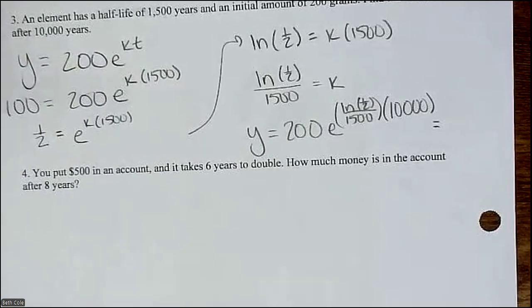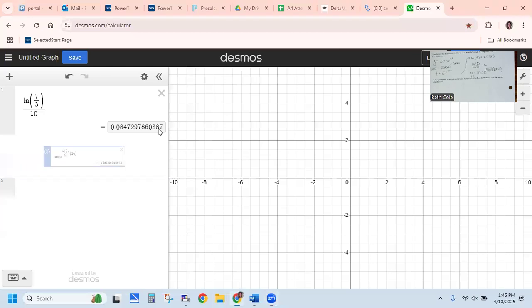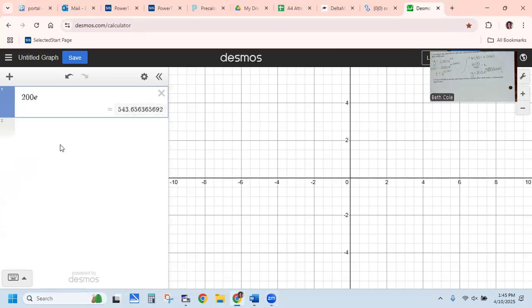All right, so let's see how many grams we have left. We started with 200 grams. This is after 10,000 years as I'm typing this. And I guess we did actually kind of start off with a lot. 200 is kind of a lot. E to the power, oh goodness, ln of 1/2 over 1500. I didn't highlight the whole thing. Hold on. Then times, yeah, you know what?